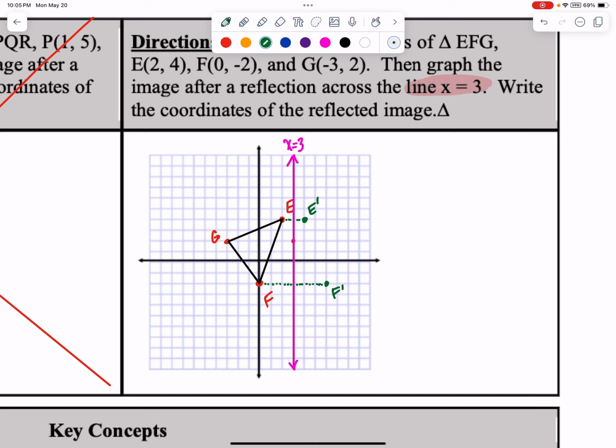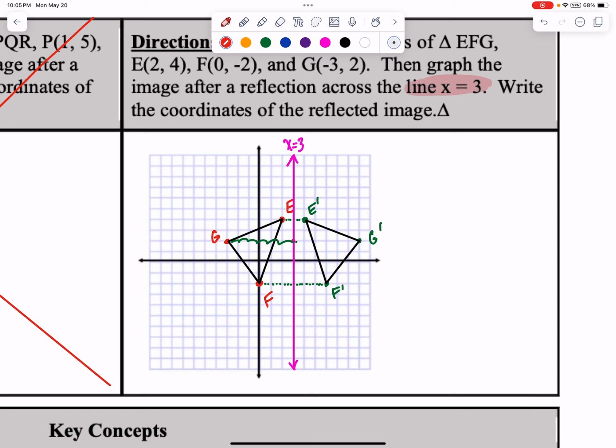And then G is 1, 2, 3, 4, 5, 6 across. There's my G prime, and I can go ahead and connect the points. There we go. You can see that reflection right over x equals 3.